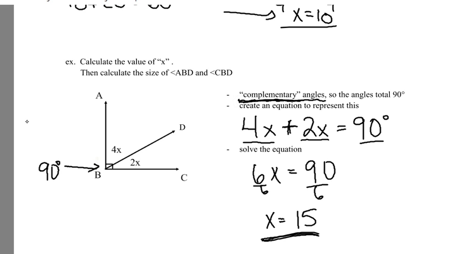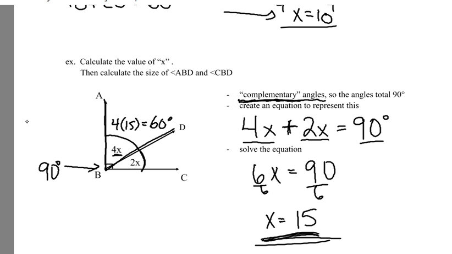If we know that x is 15, well, this first angle is equal to 4 times 15, because that's what it tells us it is. 4 times 15 is 60 degrees. There's a 60-degree angle.